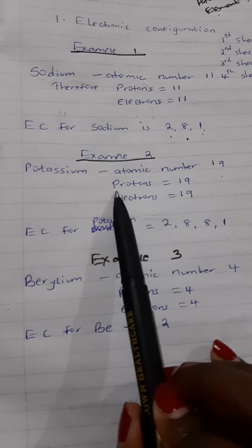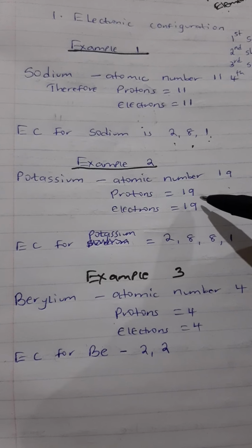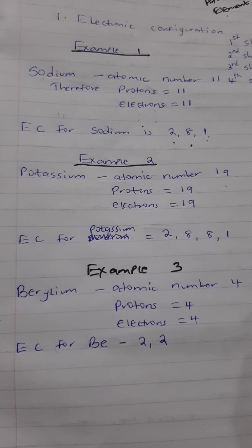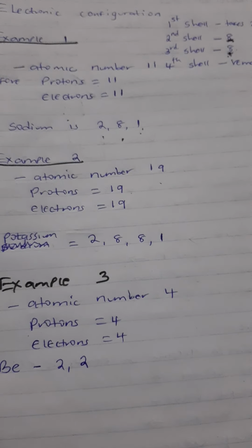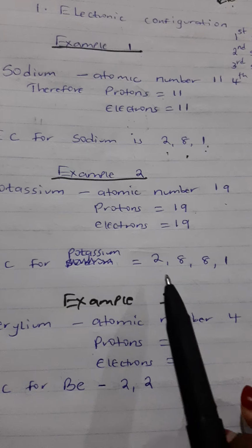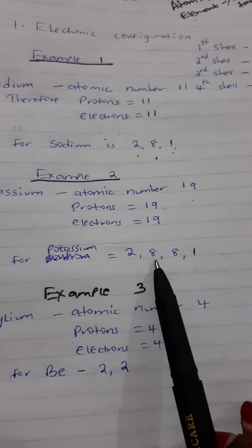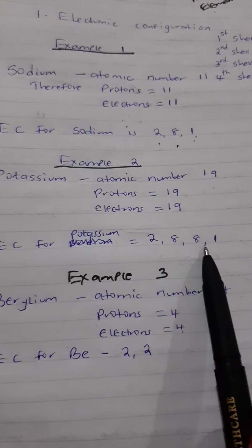Let's take an example of potassium, atomic number 19. So it means we have 19 protons and 19 electrons. So electron configuration, the first shell takes how many electrons? It takes 2. The second shell takes 8. Remember we have 19 electrons that we need to distribute in the shells.